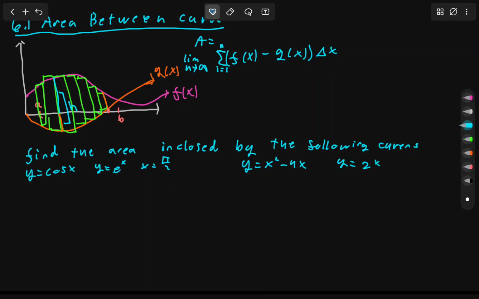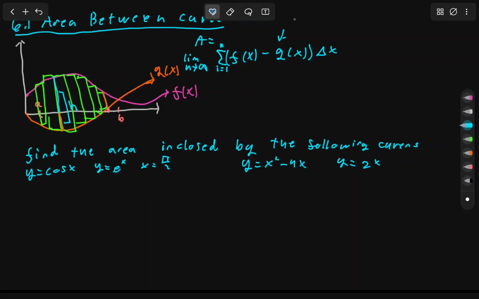Now I kind of just want to break this down a small bit here, so let's call this function h of x. We can see that this is really the limit as n goes to infinity of the sum from i equals 1 to n of f of x_i, or in this case h of x_i, since we defined this new function, multiplied by the change in x.